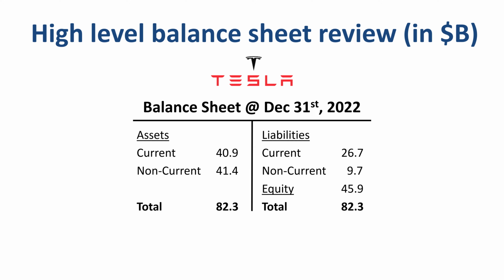As the word balance sheet suggests, the total amount owned on the left equals the total amount owed on the right. Both sides of the balance sheet sum to $82.3 billion per December 31st, 2022. For the accounting equation, assets equal liabilities plus equity.